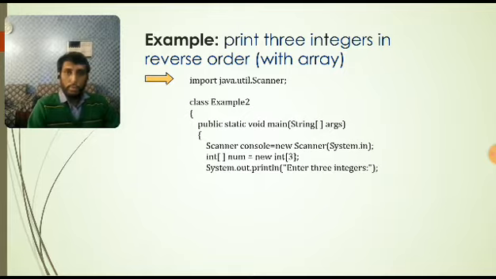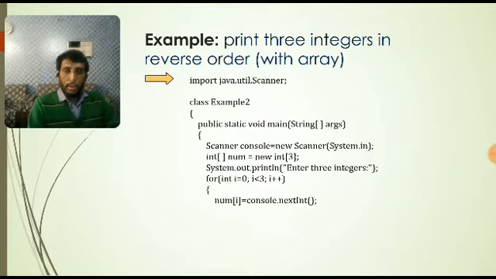So now we are using a for loop to accept 3 values. While running the for loop, they are going to be accepted into this array. Here running starts from 0, and the condition is i less than 3, meaning limited to 2. So it starts from 0 but stops at position number 2, and then i plus plus.